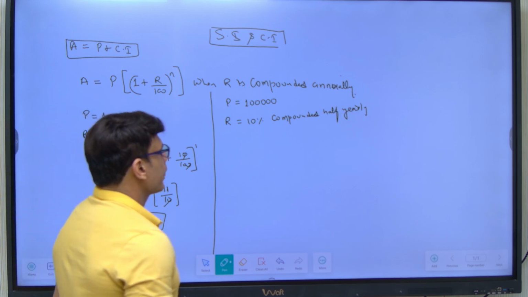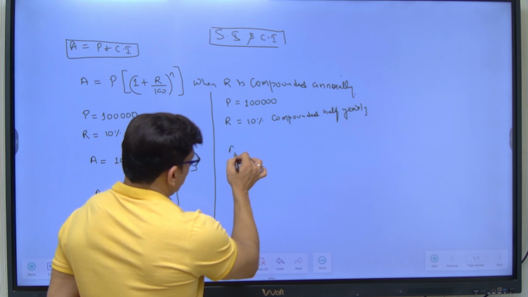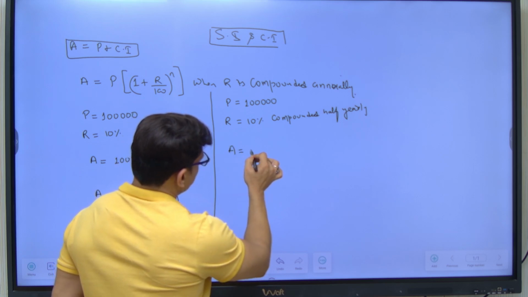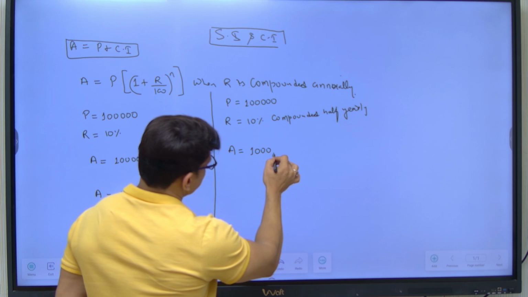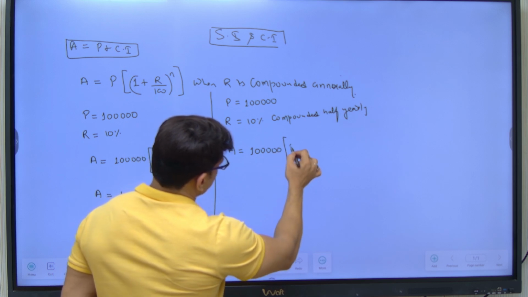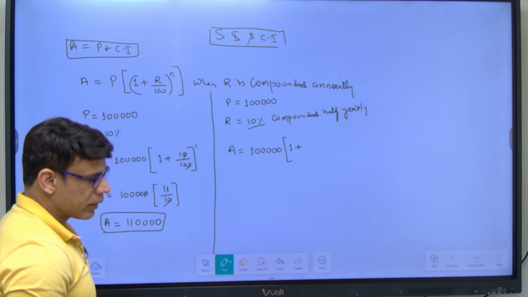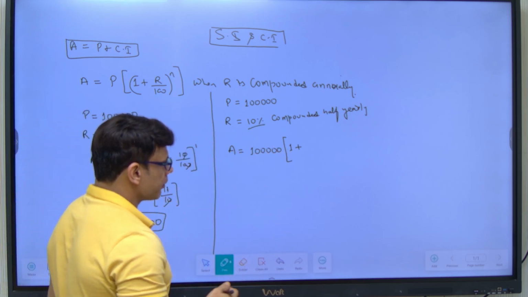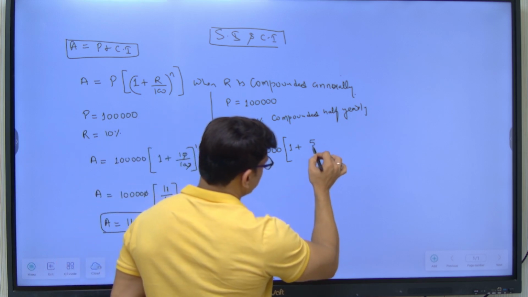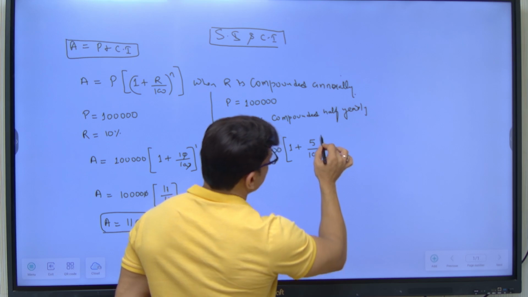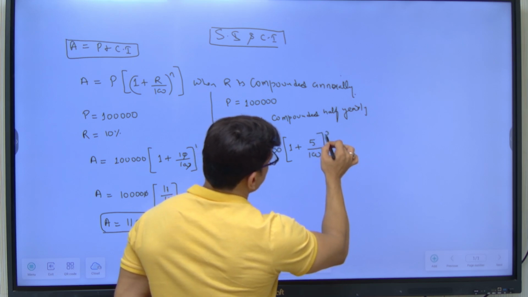As I told you, in order to find out the amount after 1 year, you first should know the principal, which is 1 lakh into (1 plus ...), and now your rate becomes half. When the rate of interest is compounded half yearly, your rate becomes half, that will become 5 by 100, and your time period will be 2. Why?